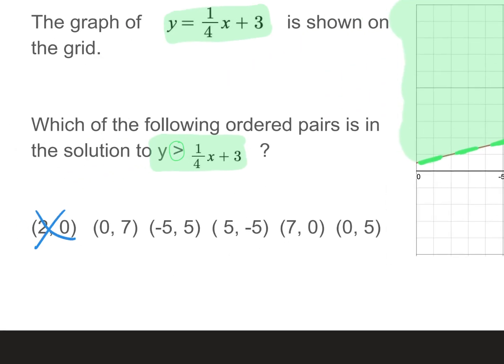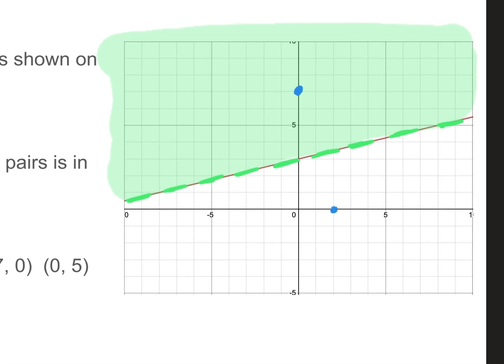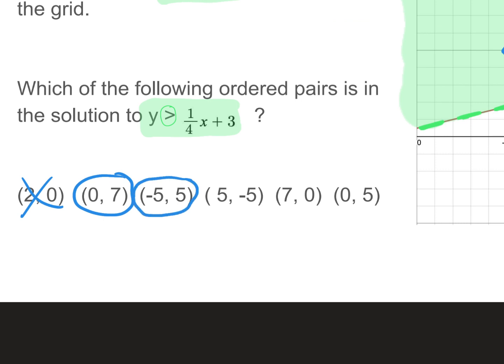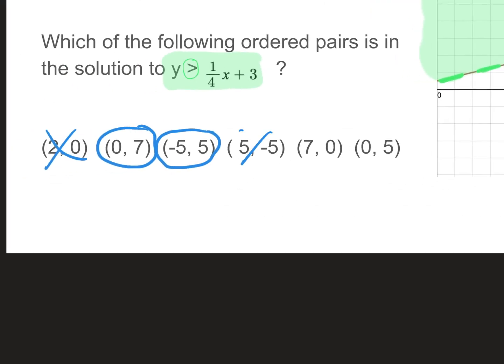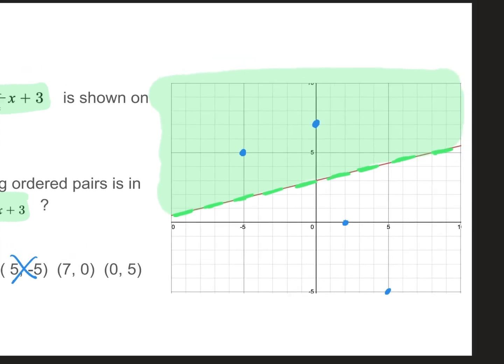In the shaded region, that's a solution. -5, 5. In the shaded region, yep, that's a solution. 5, -5. So now we're going the opposite direction. Way down here, nope, not in my shaded region. 7, 0. So over 7, nope.